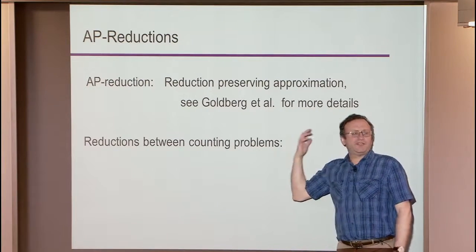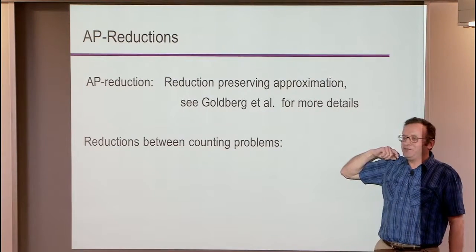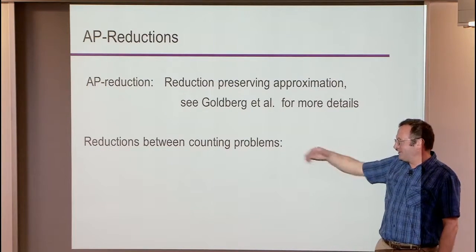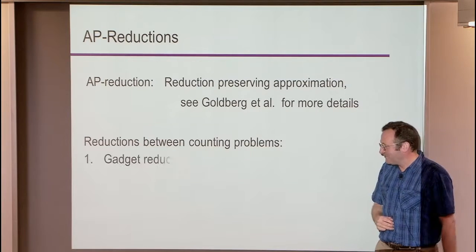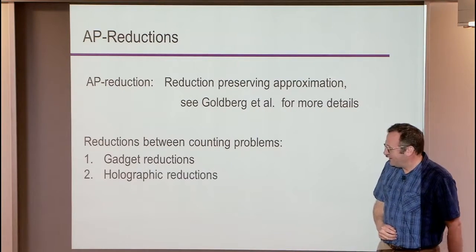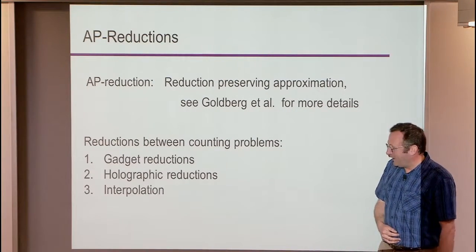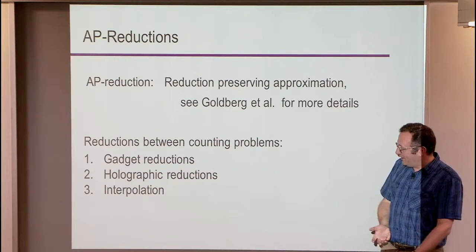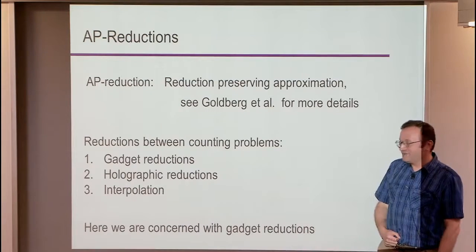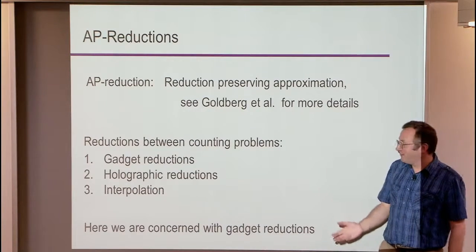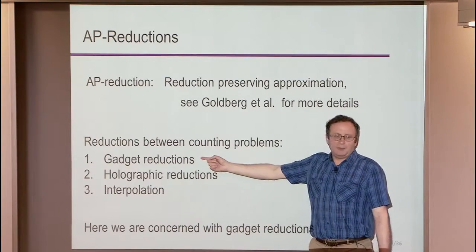What is the specific type of AP reductions I am going to use? As Les teaches us, there are 3 types of reductions between counting problems. Gadget reductions, holographic reductions, and interpolation. Okay, so I'm going to talk about gadget reductions for 3 reasons. First of all, it's number 1 in the list.